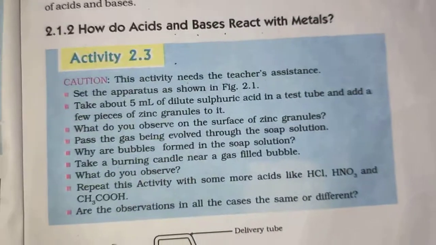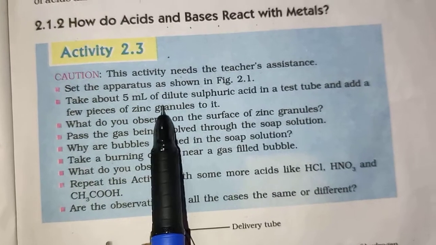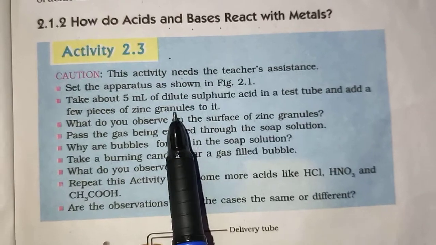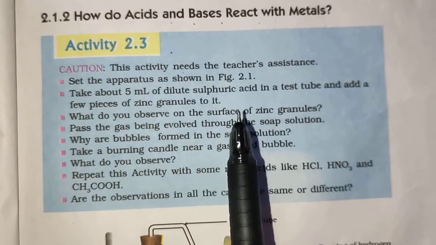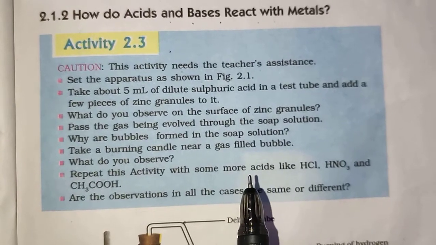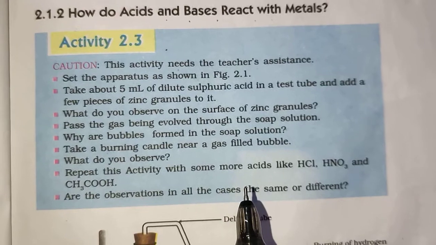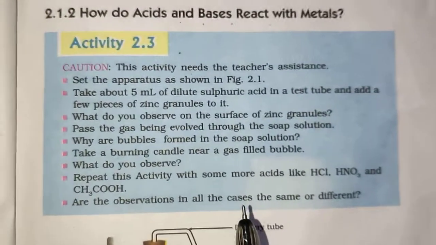So in case of acid, there is one thing here: all acids do not react with metal at the same rate. So the strong acids, there are 6 types of strong acids: HCl, HNO3, H2SO4, HBr, HI, and HClO4, that is perchloric acid.